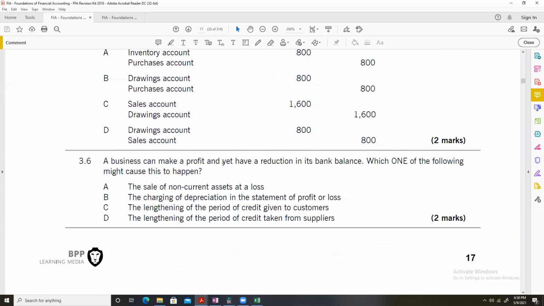A business can make a profit and yet have a reduction in its bank balance. Which one of the following might cause this to happen? The sale of non-current assets at a loss.